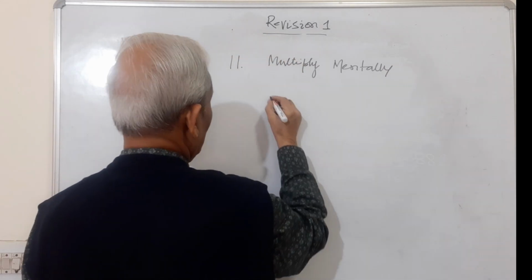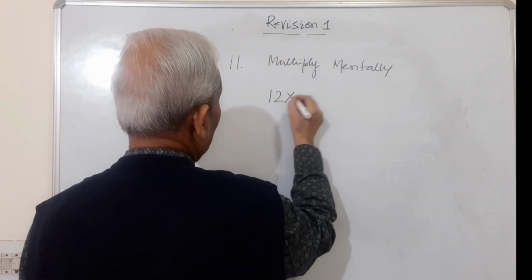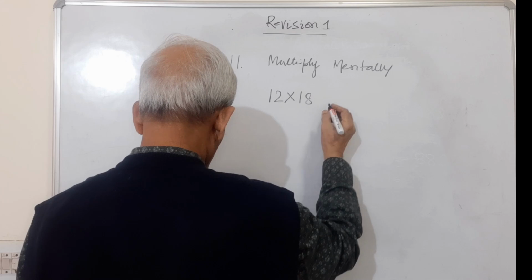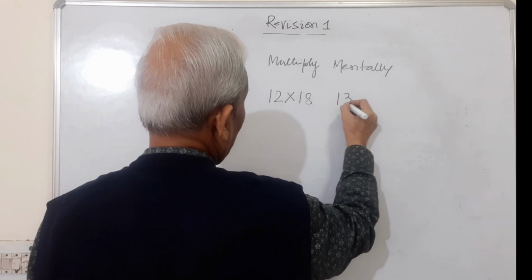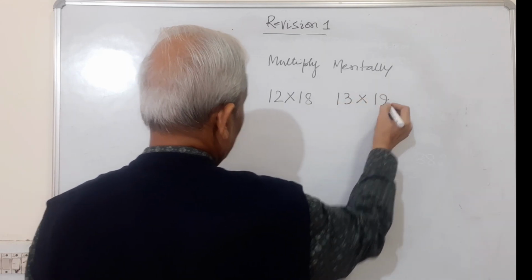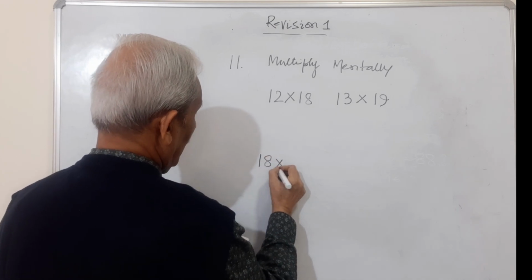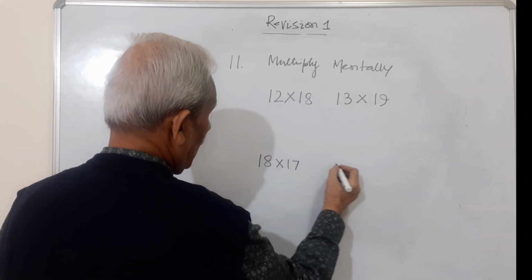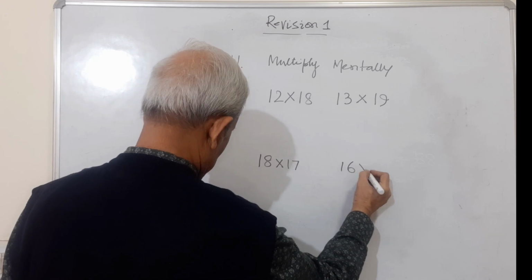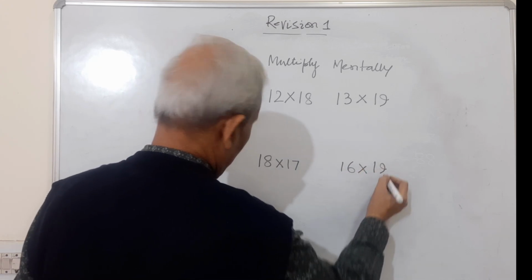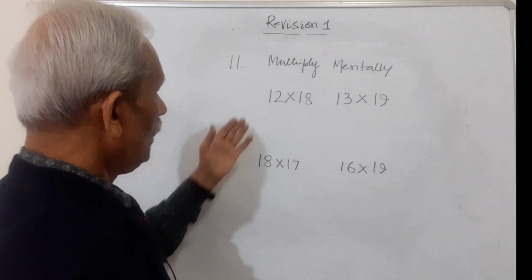You are not to write anything, but you can do it mentally. I want you to do it mentally. 13 into 19. 18 into 17. And 16 into 19. Can you do it mentally? 12 into 18.